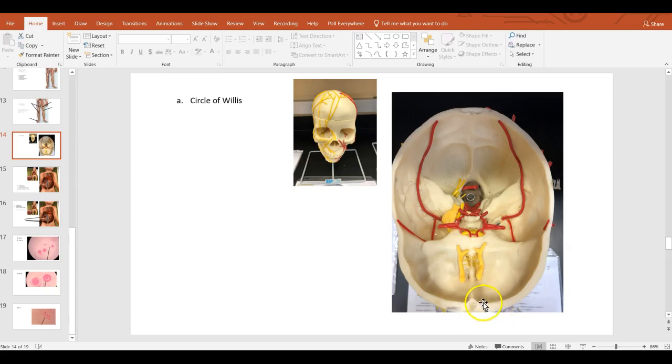Here's the frontal bone, ethmoid, olfactory lobes. This little circle of blood vessels right here is the circle of Willis. You do not need to know any of the individual names of those blood vessels. Simply know that if we show you the inside of the skull, you will say that the circle of Willis resides there.